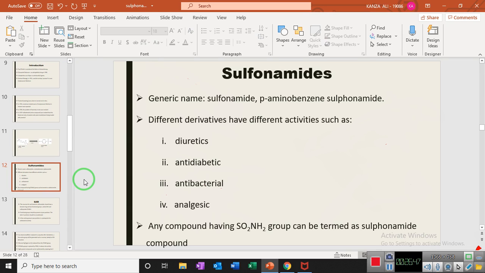When we differentiate it from the anesthetic, in the case of anesthetics we have general anesthetic compounds and local anesthetic compounds. Here we have differences in the mode of action or site of action. But in both of these cases they are going to relieve the pain. Yes, we can say that these compounds are also analgesic compounds.